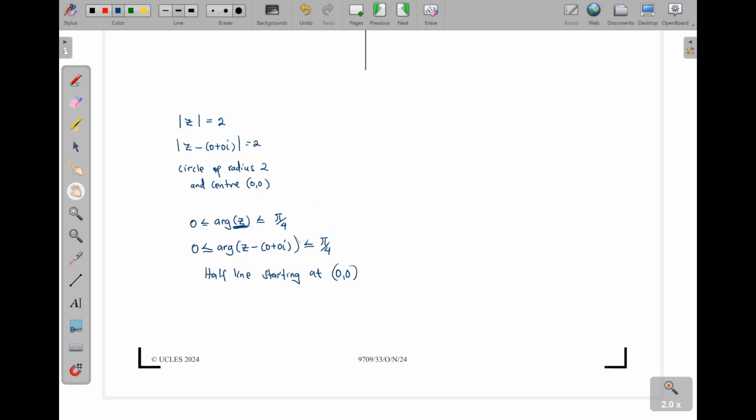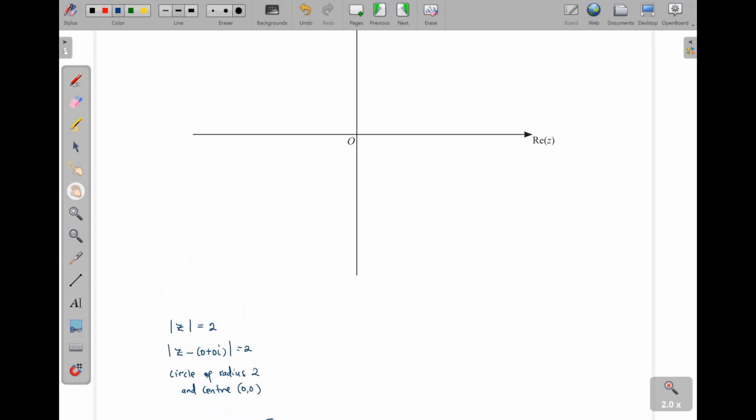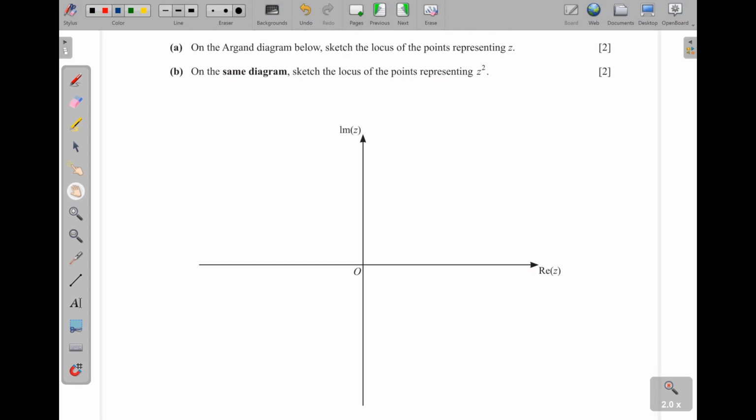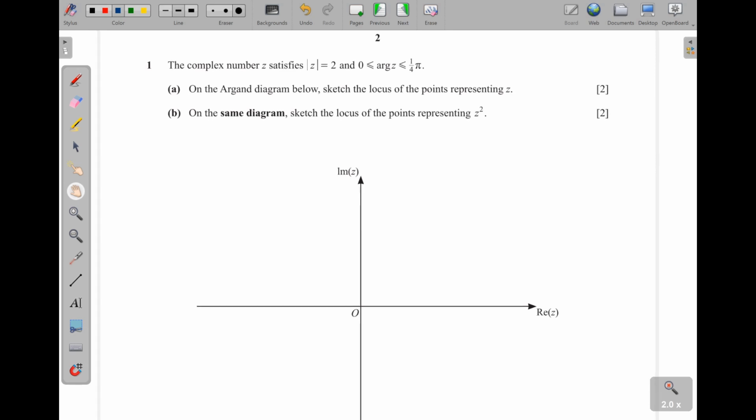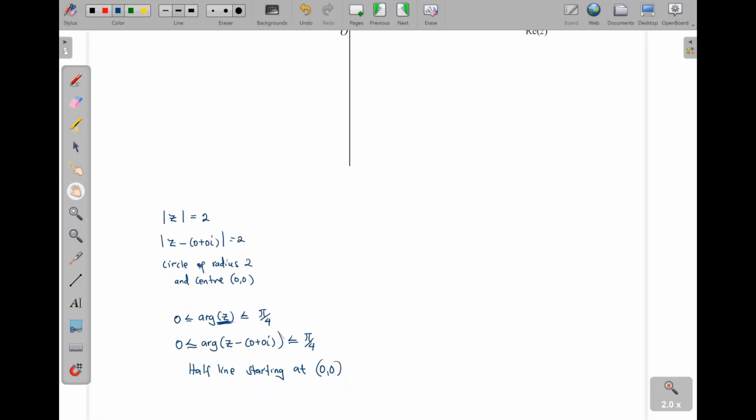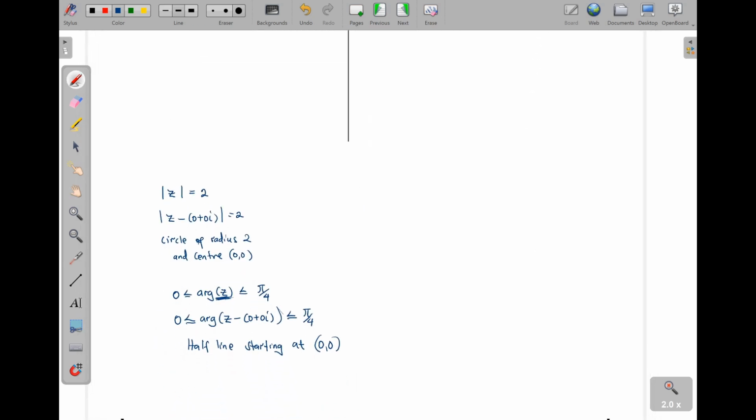Now, they have also given us z squared here. We also sketch the locus of z squared. So they have to be on the same diagram. So for z squared, if we have the z values which are negative, when we square them, they become positives.